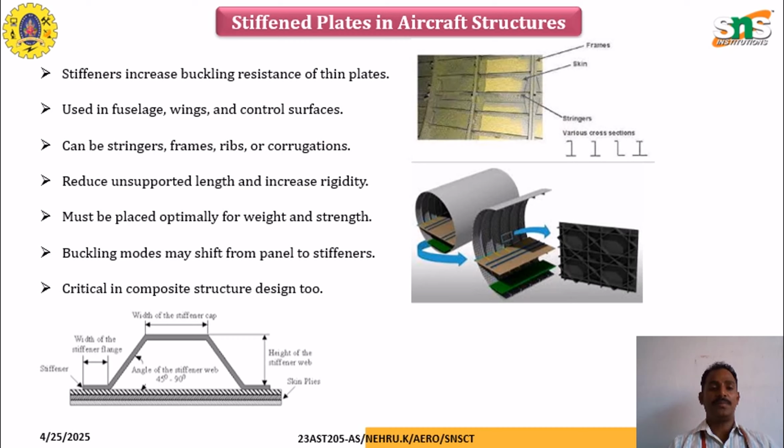Now coming to stiffened panels in aircraft structures, which increase the buckling resistance of thin plates by adding load-bearing capacity using various cross sections like I section, Z section, and T section in fuselage, wings, and control surfaces. These can be stringers, frames, ribs, or other structural elements that maintain load-bearing capacity, which also reduces the unsupported length and increases rigidity, playing a major role in optimizing weight and strength.